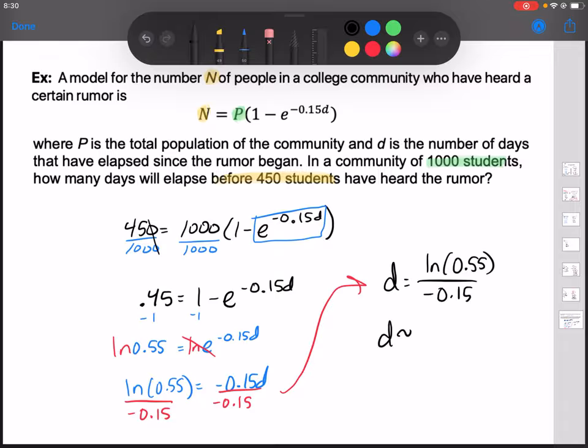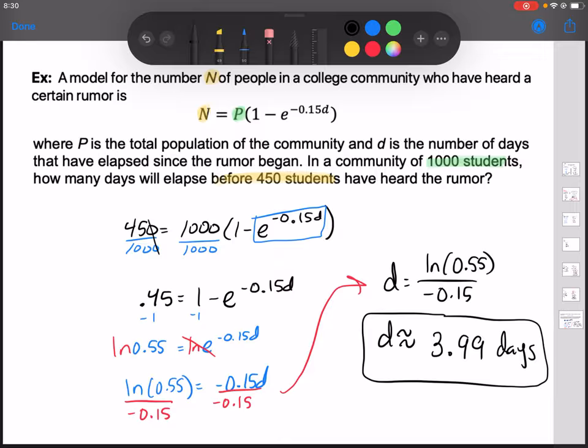And since this is a word problem, you do usually find the approximate solution. So let's do that. And I'm dividing by negative 0.15. And I get about 3.99 days. Or if you wanted to round to 4 days, great. And there it is.